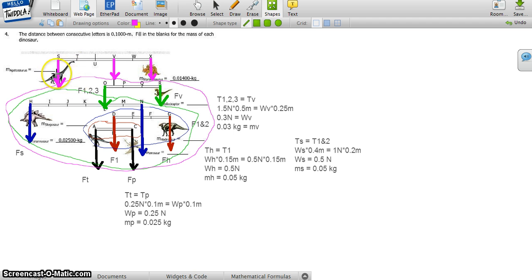The apatosaur will create a torque that is going to be counterclockwise, and the levels all down below and the Tyrannosaur both create torques that are going to be clockwise. So I'm going to call this the force from the apatosaur, this the force from levels 1, 2, 3, and 4, and this the force from the Tyrannosaur.